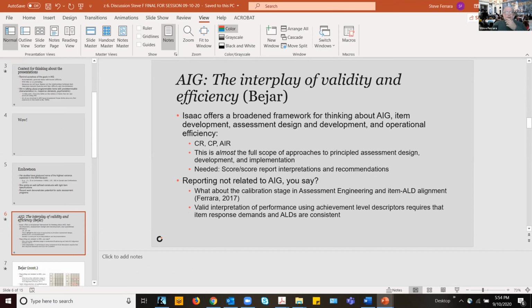The reason I want to talk about Isaac's framework is because he's broadened a framework of thinking about AIG onto item development, assessment design and development, and operational efficiency, using those 3 parts of the framework: construct representation, construct preservation, and operational efficiency.